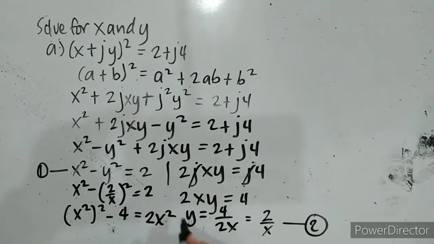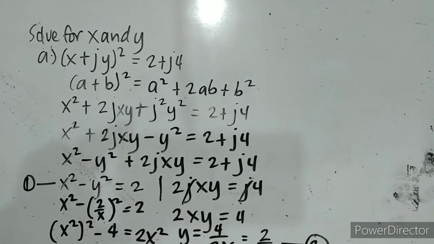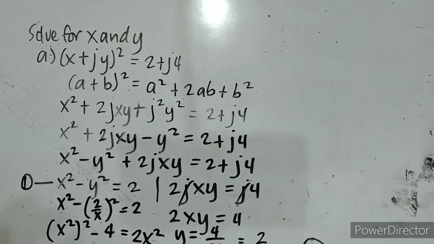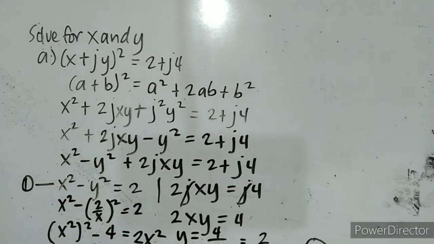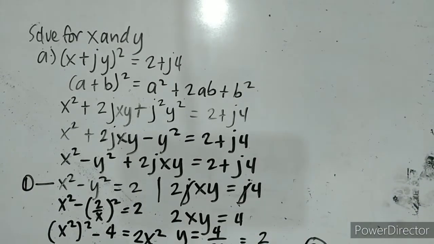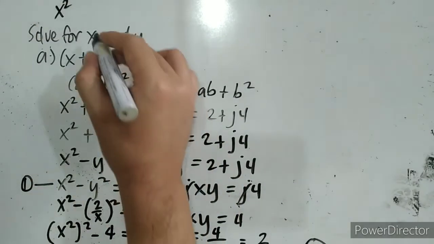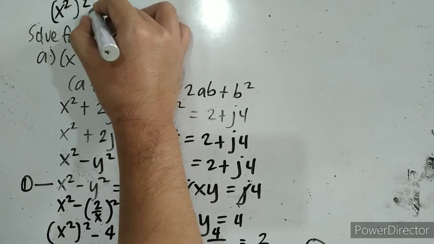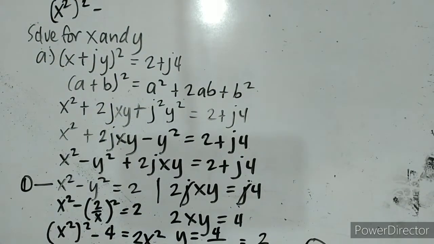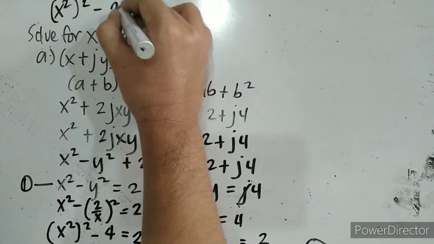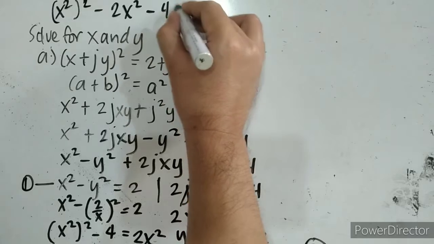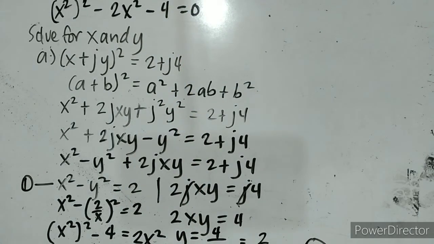Okay, let's proceed. Allow me to start at the very top. Let's just copy x to the fourth minus, let's transpose this to the other side, 2x squared minus 4 equals 0.